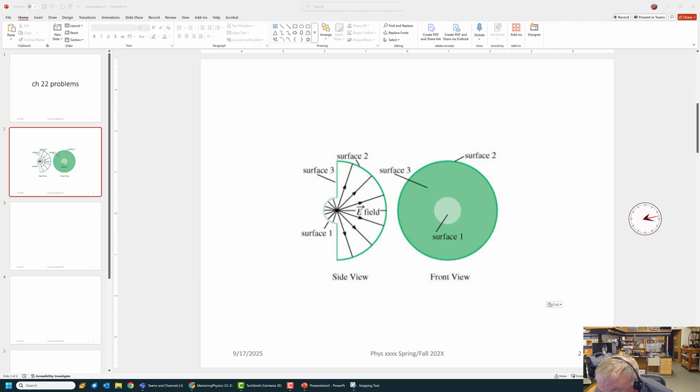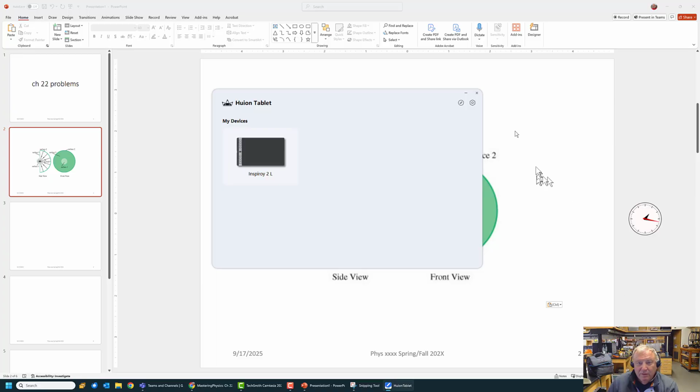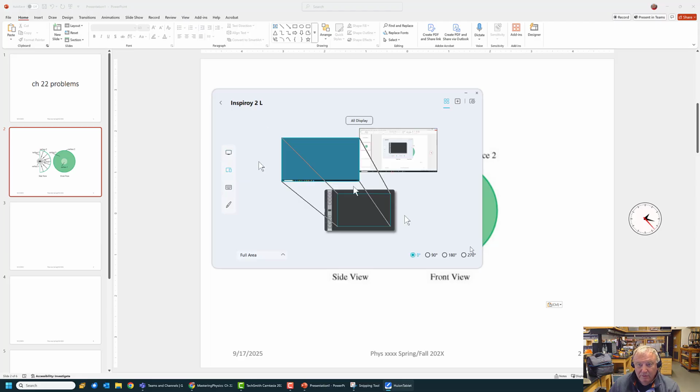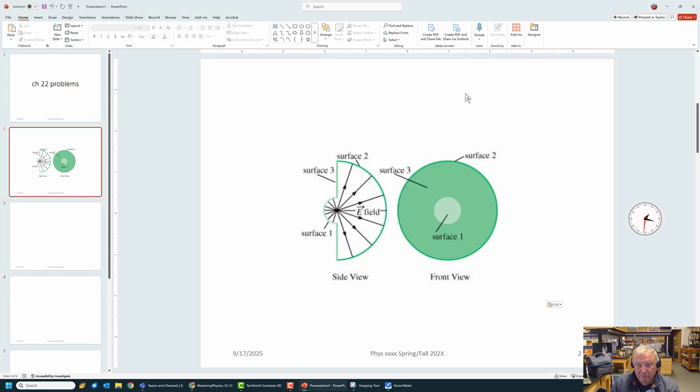Let's see, where is the driver for this? Yep. And mapping this one. Well, that was easy. Let's see what happens. My old tablet just sort of, oh, look at that, it's working.